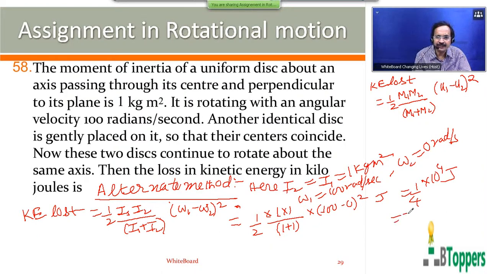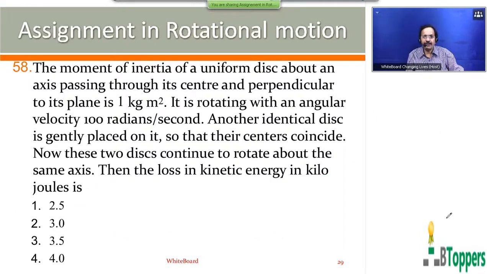You will get the same answer, that is 2.5 into 10 cube joules, or 2.5 kilojoules. If you want to copy this alternate method also, you can pause and copy it. So for question number 58, which I just discussed, the first option will be the answer.